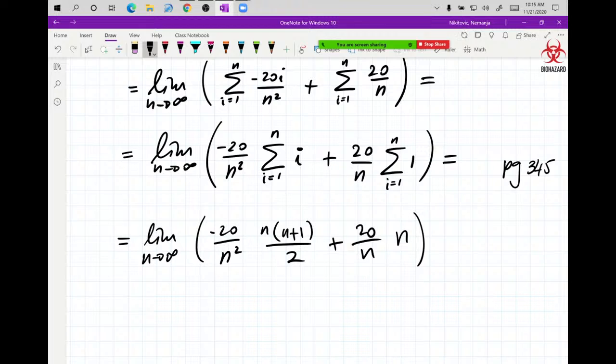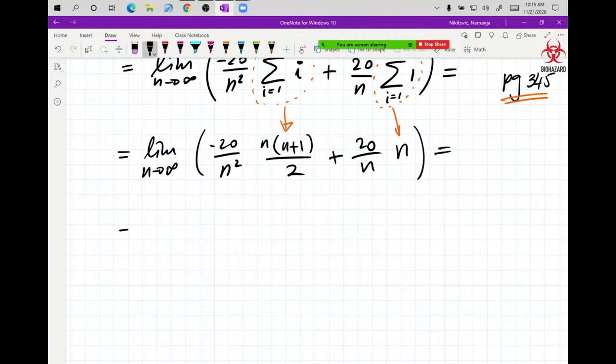These formulas take this whole sum and write it like that, and that's on page 345. You will find that in your textbook.